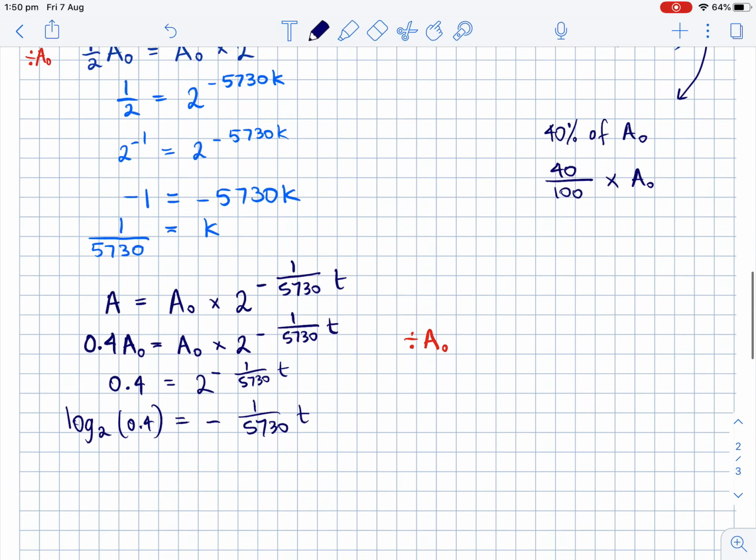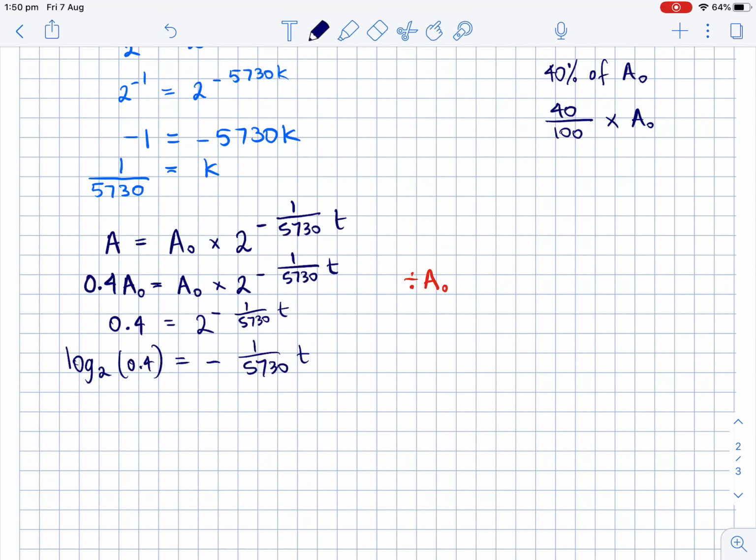And then I'm going to multiply both sides by 5,730. And let's multiply it by negative 5,730, which just equals t. And then if I type that into my calculator, I will get an answer.